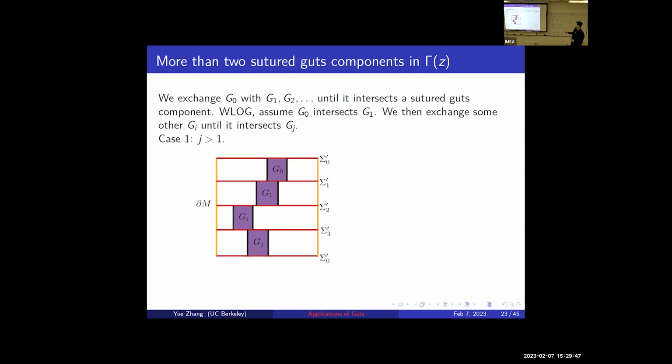So we assume, for example, the first case is that you have more than two suture guts components, right? And then you have G0, G1, and GI. First, you can exchange G0 with G1, G2 to the end until it intercepts another suture guts component.